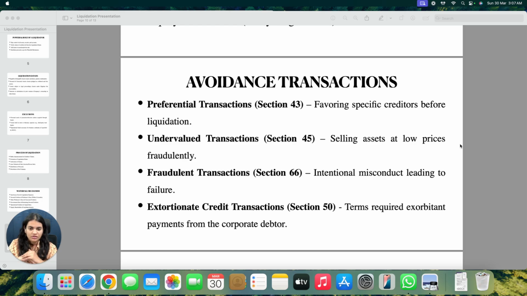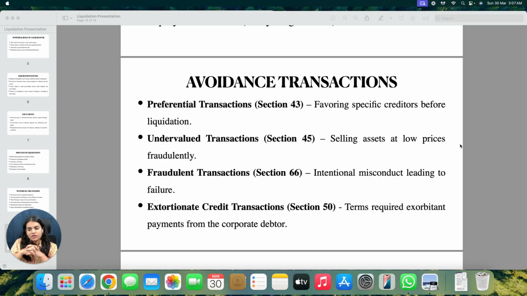So in undervalued transactions, again, the look back period, or the period during which the transaction is identified to have happened, is the same as in the preferential transaction: 1 year for any other party, 2 years for related parties.